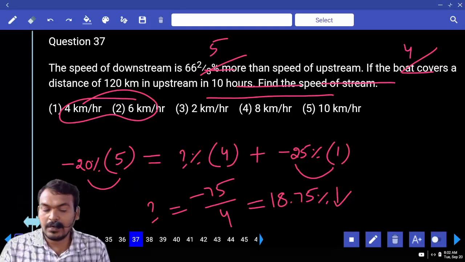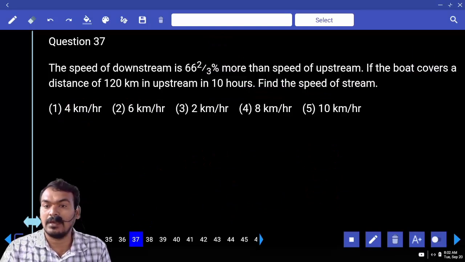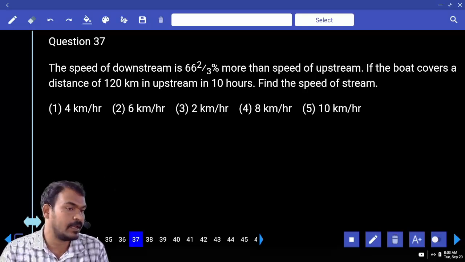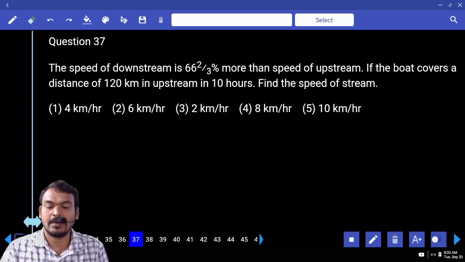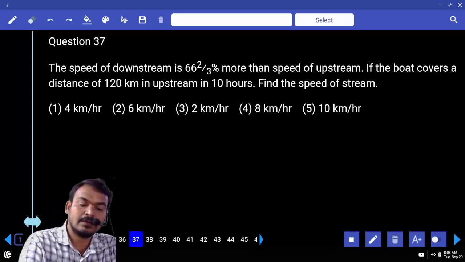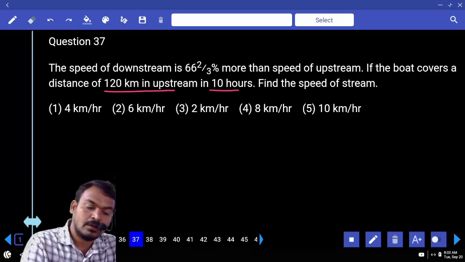Next question number 37. The speed of the downstream is 66 2 by 3% more than the speed of the upstream. If the boat covers a distance of 120 kilometers upstream in 10 hours, find the speed of the upstream. First, the distance in upstream is 120, time is 10 hours. What is the upstream speed?